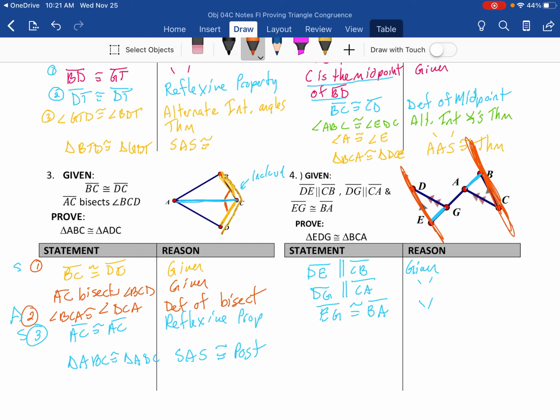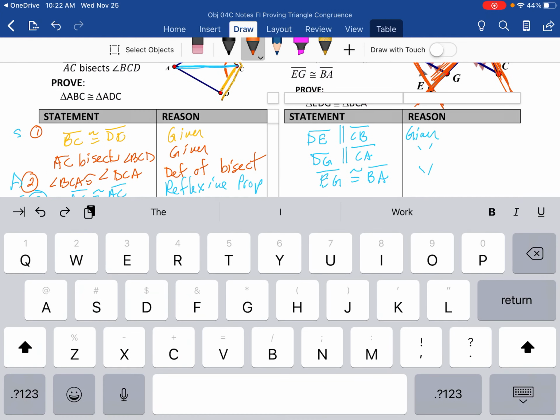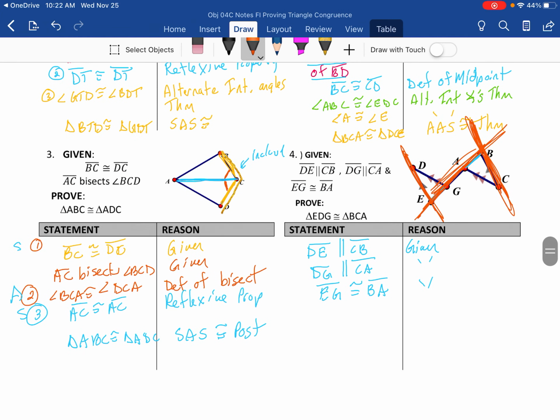So I have those two parallel lines, and then I have this, which is our transversal that goes through. And I ignore everything else except for what I have here. I'm looking at this and I'm like, oh, wait, I can see that these angles here are alternate interior angles. Okay, and I know that those lines are parallel, so those angles must be congruent.